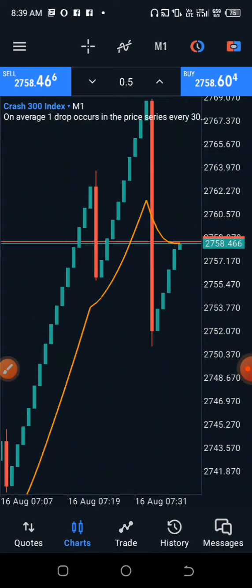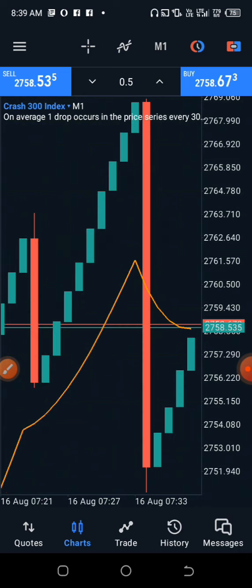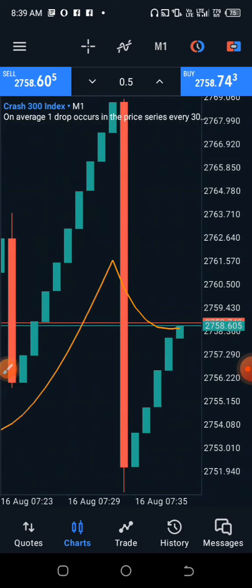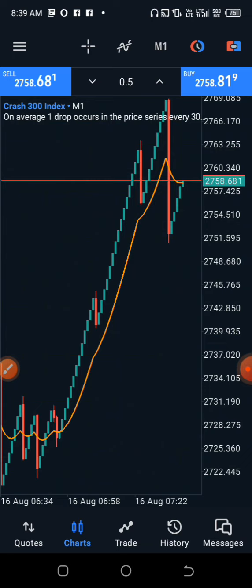Look at what I'm going to do. This is Crash 300, and you know how Crash 300 is. Now this time I want to be sure that this will give me two candles using 50 cents. So how do I do that?